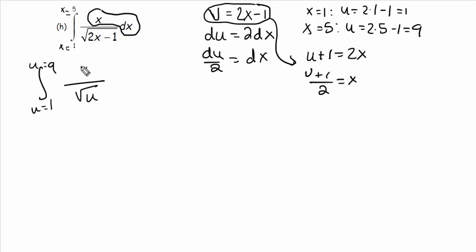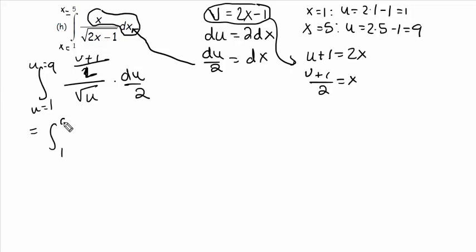So x is actually u plus 1 over 2, and then dx right here was du over 2.